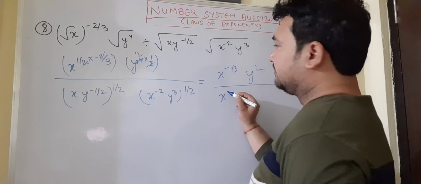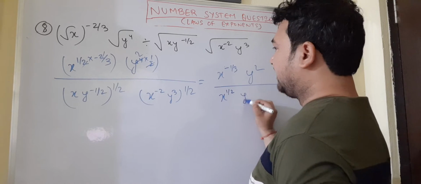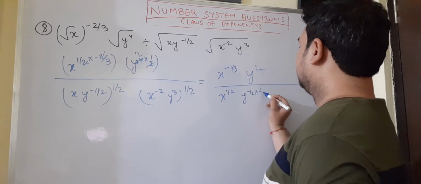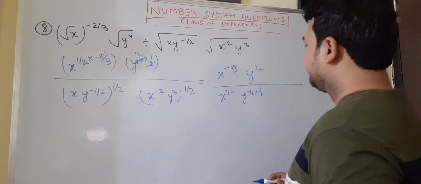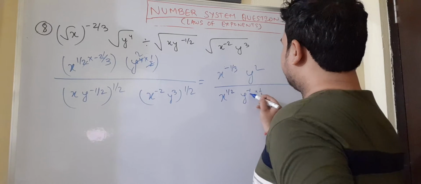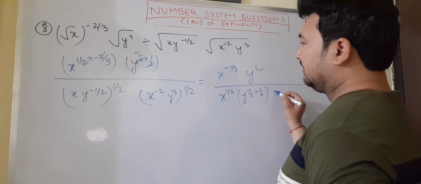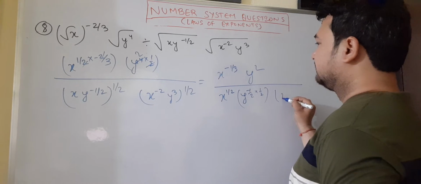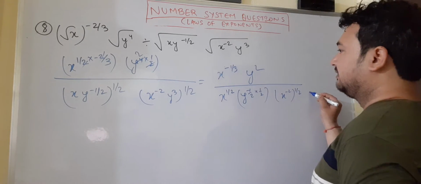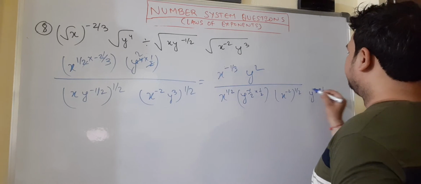So when this gets associated with x, x was alone. For y it is minus 1 by 2 and 1 by 2, minus 1 by 2 and 1 by 2, and again x minus 2, 1 by 2 and y 3 into 1 by 2.